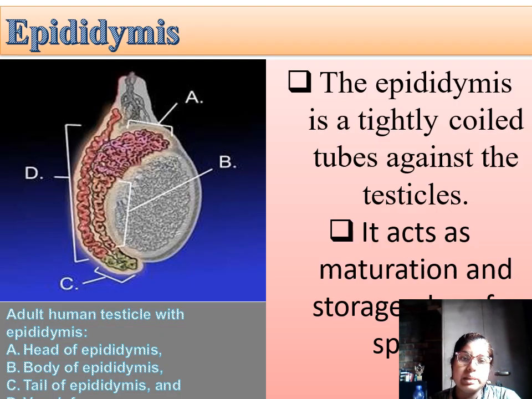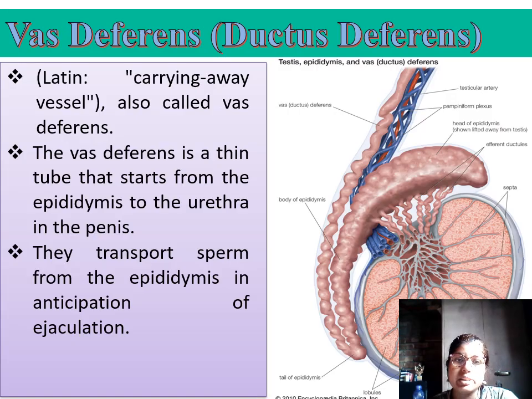Next, the epididymis is a tightly coiled tube. Here is the head of the epididymis, where it acts in maturation. In this region the sperm matures and is stored, and then from the tail of the epididymis it enters the vas deferens.